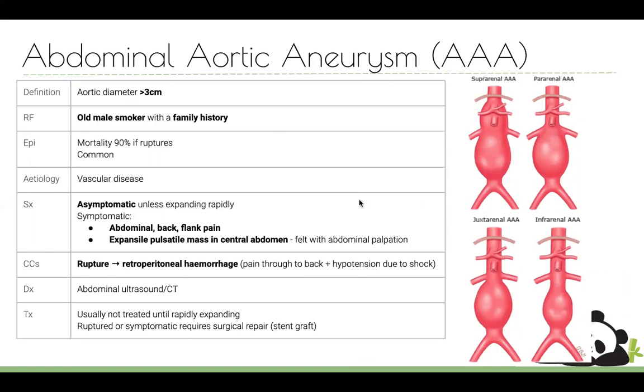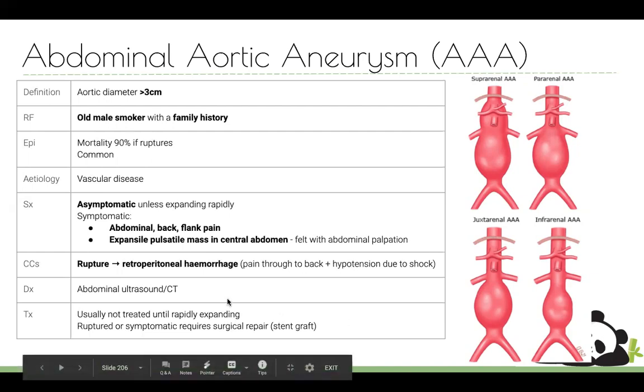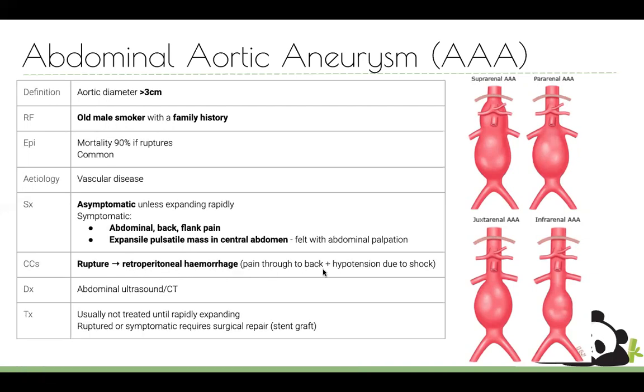And then on palpation, which you do in your abdominal exam, you want to press down really quite heavily like this down the middle of their abdomen, and you can measure how big that expansile pulsatile mass is, and that's a buzzword. So yeah, rupture will lead to retroperitoneal hemorrhage. Hemorrhage is just bleeding, and that's what gives you the shock and the pain radiating to the back. And you can diagnose that with an ultrasound or a CT.